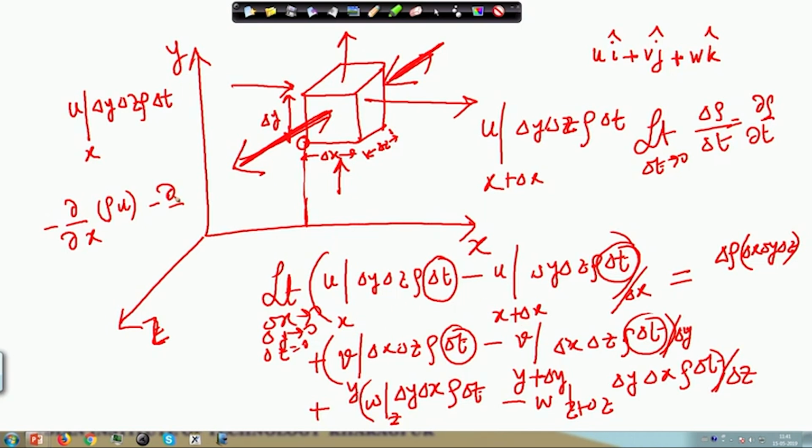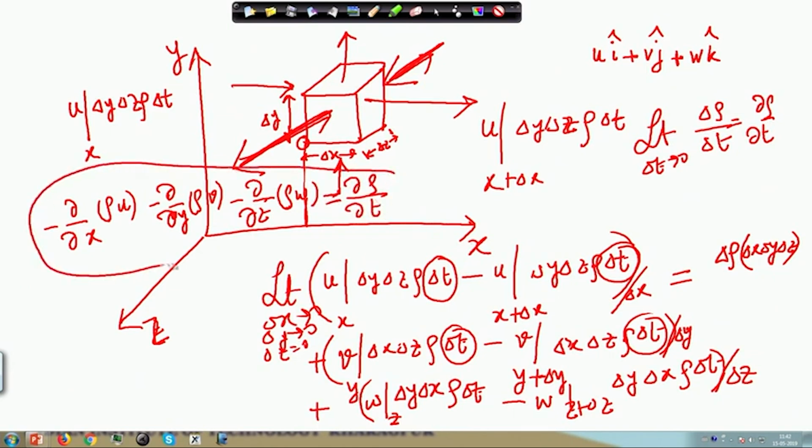When you take the limit delta x tending to 0, you get del x of rho u minus del y of rho v minus del z of rho w, that is equal to del rho del t. So, this is typically the equation for mass continuity.